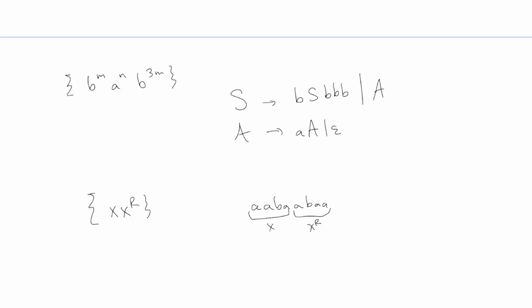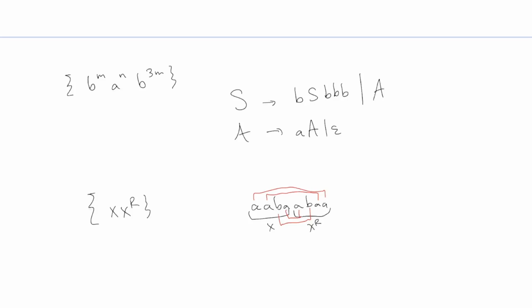Balanced in the sense that the A at the beginning matches with the A at the end, and then the next A here matches that A, and then this B matches that A, and this A matches that A, right? They're sort of letter by letter balanced. Something at the beginning always matches exactly the same thing at the end, all right?